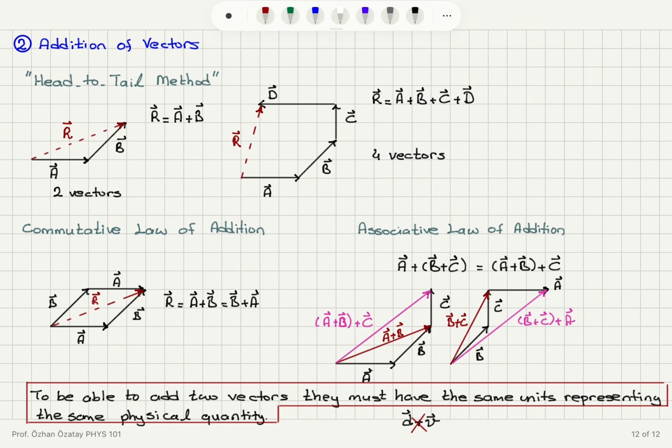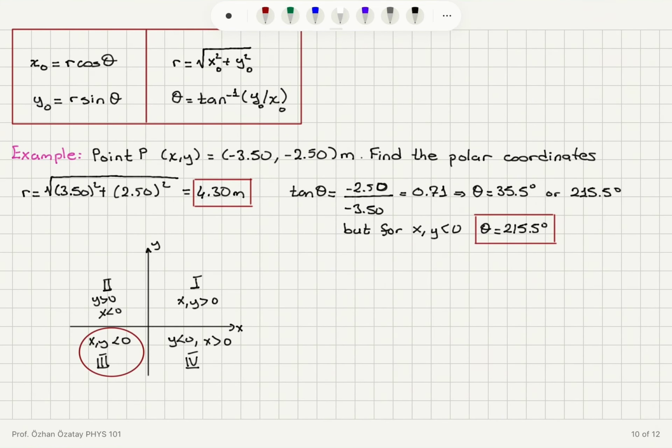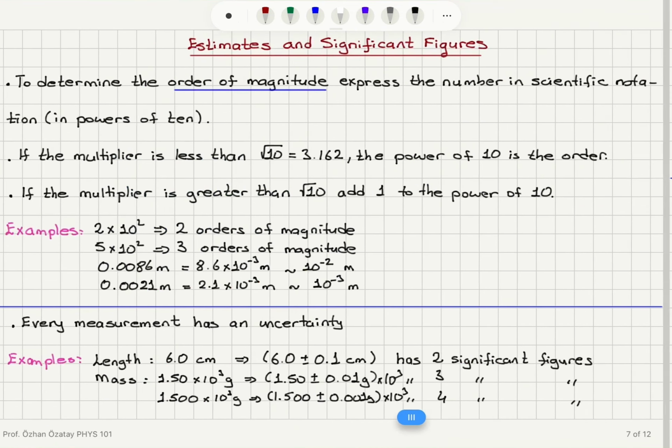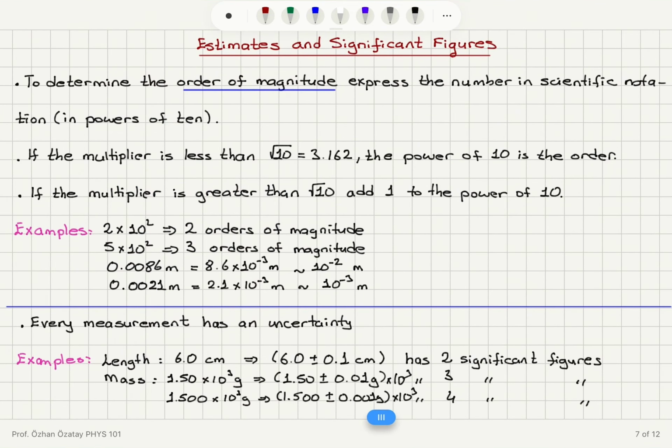Okay, so to summarize, in this lecture we talked about how to report the results of measurements of physical quantities. We can talk about order of magnitude, which is given by the nature of the multiplier in scientific notation. We check if it's less than square root 10 or greater than square root 10.